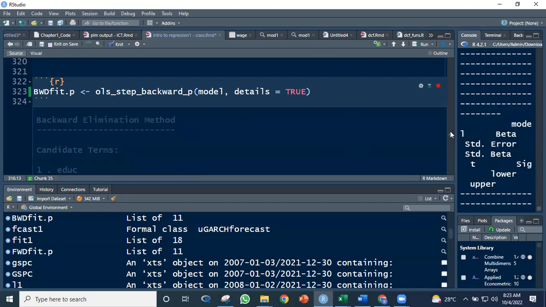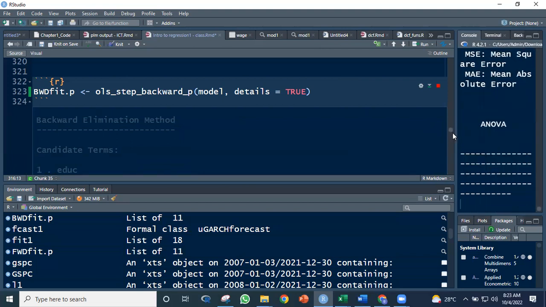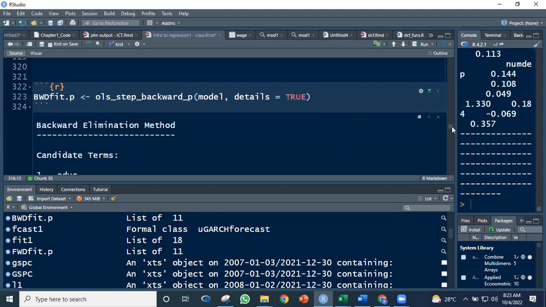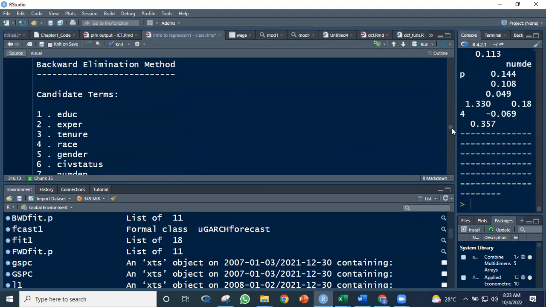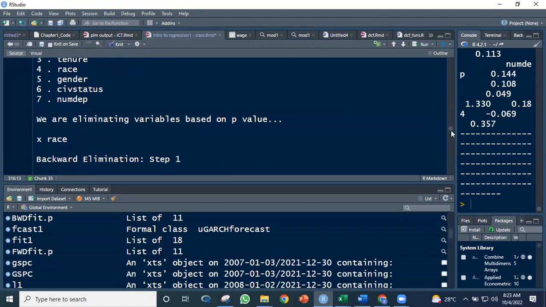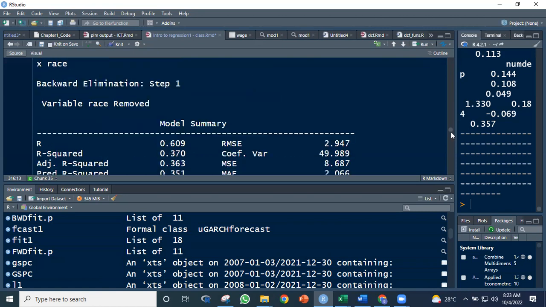It's quite a long process, but it gives us the very details by which the process of elimination was done. First you have, as your regressors, all the independent variables. Since for backward stepwise regression we start with all the variables and then eliminate one by one, here X race means we're going to eliminate race.